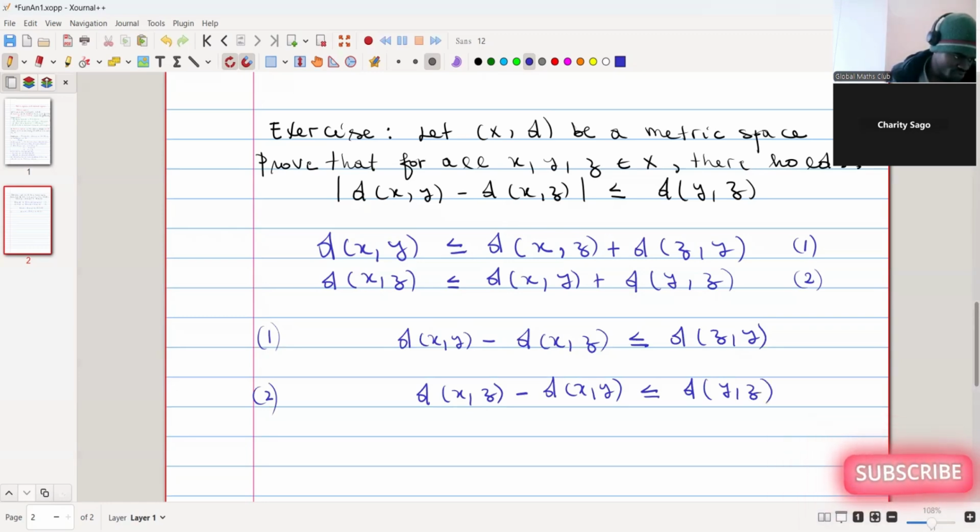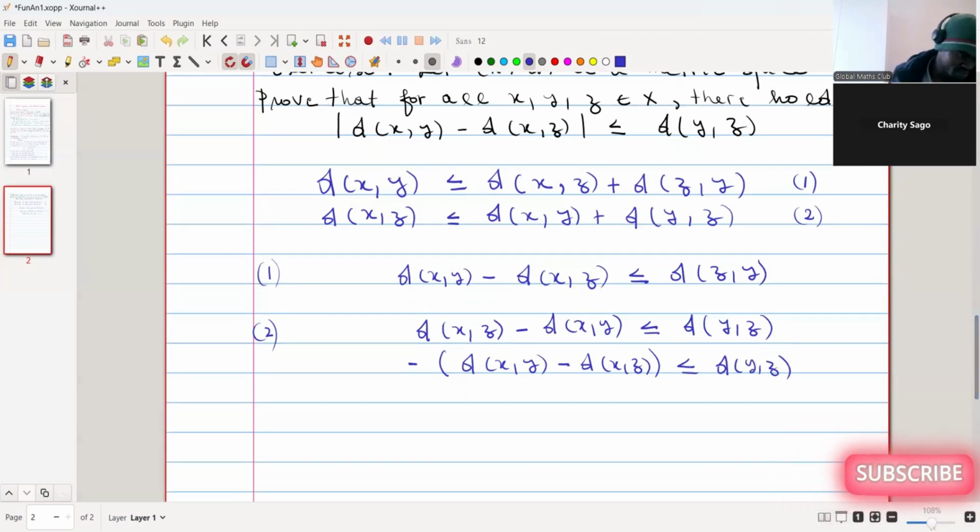Here, if we put the minus in factor, we have the distance between x and y minus the distance between x and z greater than minus the distance between y and z. So this means, if we multiply everywhere by minus 1, minus the distance between y and z is less than the distance between x and y minus the distance between x and z. That is what we have.